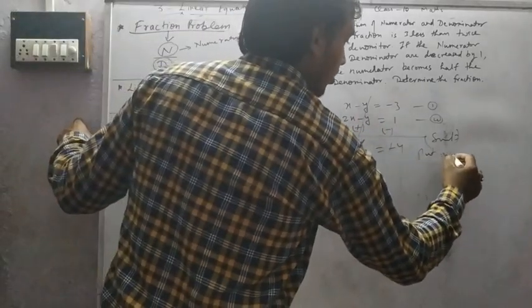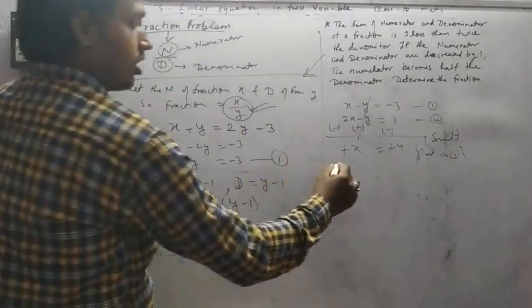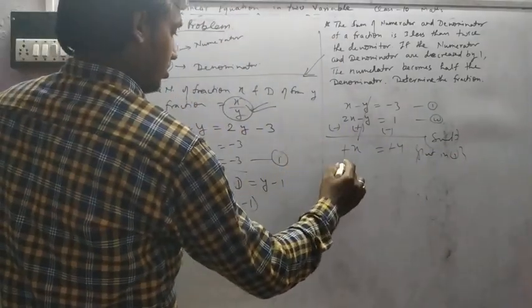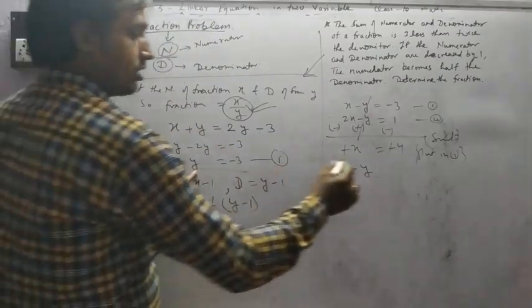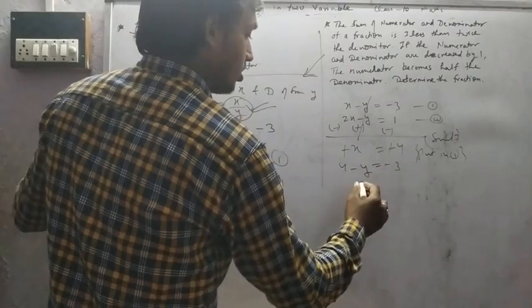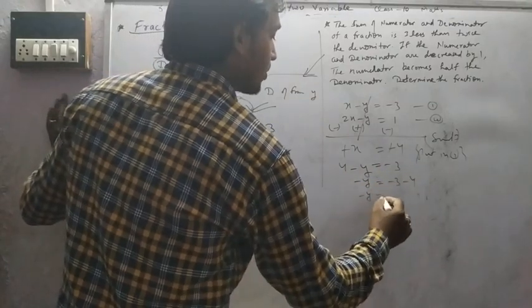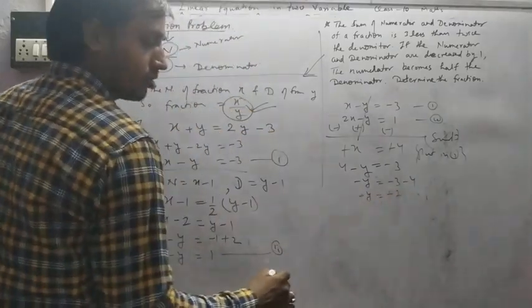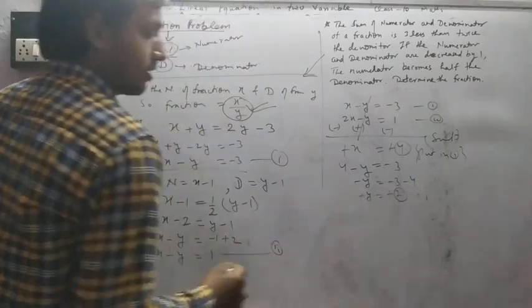Put in the first equation: 4 minus y is equal to minus 3, minus y is equal to minus 3 minus 4, minus y equals minus 7, so y is equal to 7.